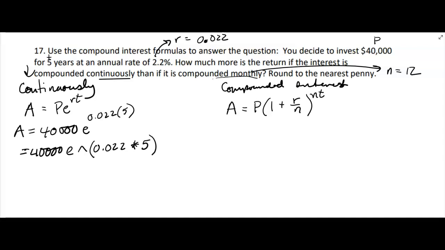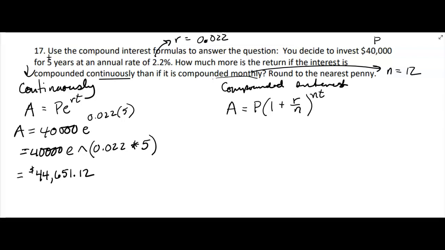Okay, so you can put that in a calculator, you can do it in pieces. When I did it, I got, and I'm going to go to the nearest penny, $44,651.12. Okay, that's what I got.